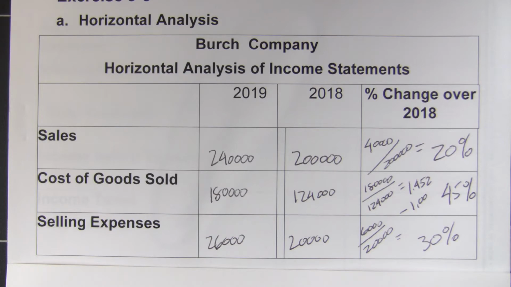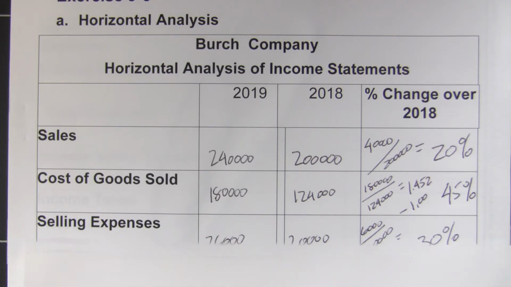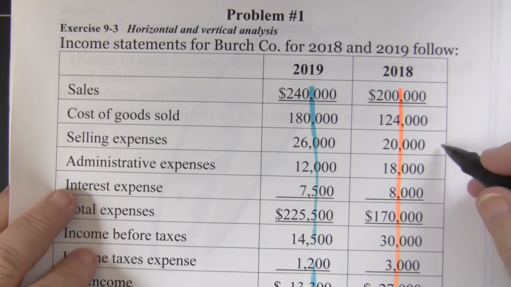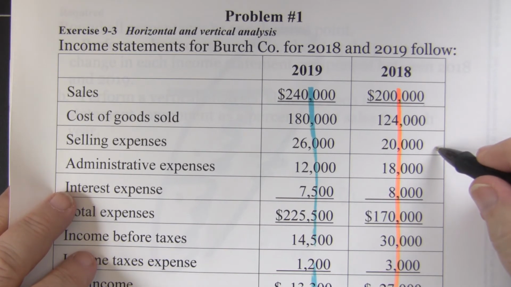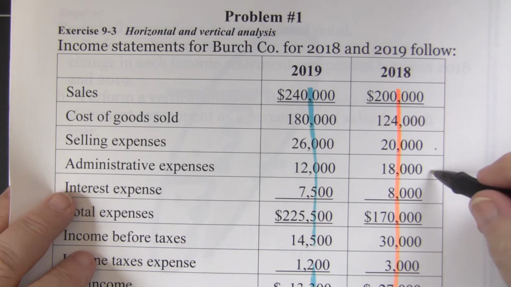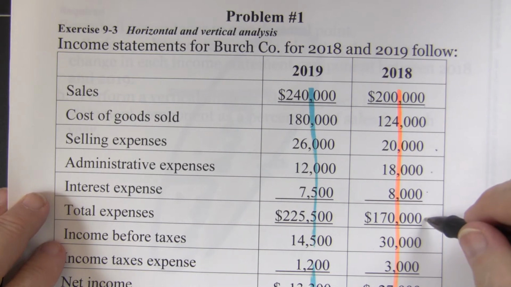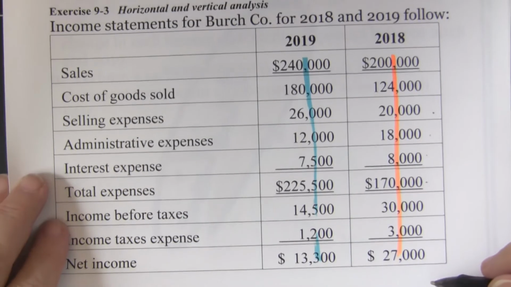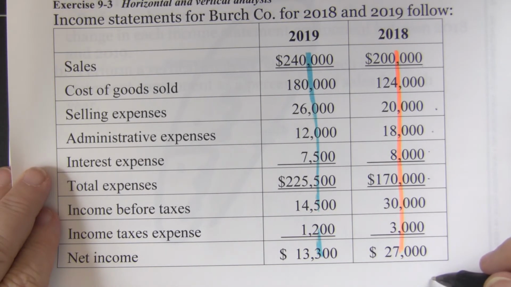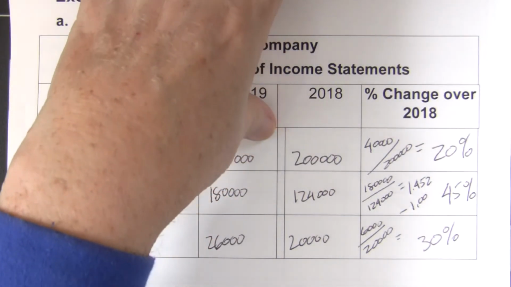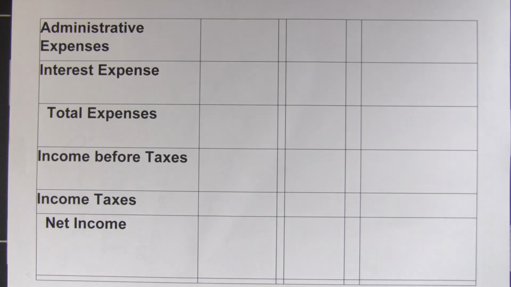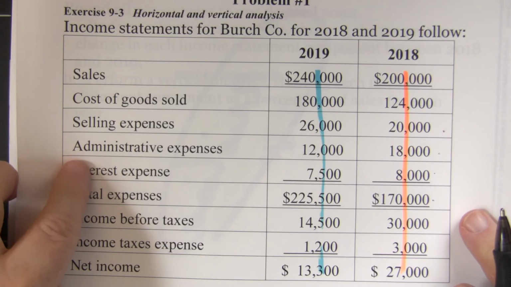And that says that the selling expenses were up 30%. We'll do the same for administrative expenses. We'll do the same for interest expense. We'll do the same for total expense. We'll go right down this entire line, including the income. I just happen to have those columns ready. Again, see where I'm getting the number from.